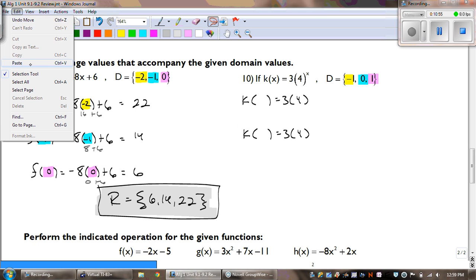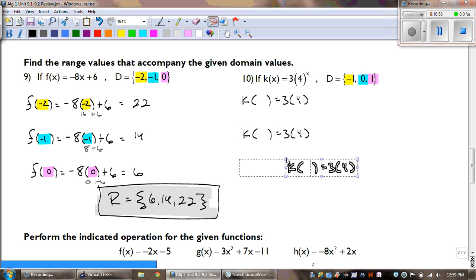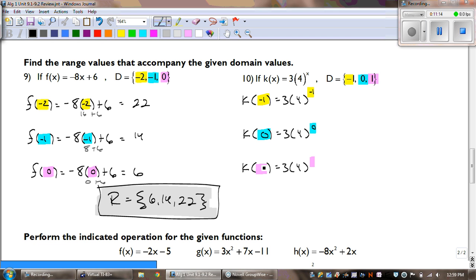So you guys can try this on your own. Go ahead and pause the video. If you want me to, I'll set these up for you real quick. Okay, we're plugging in a -1, a 0, and then a 1. Go ahead and pause the video, and good luck.